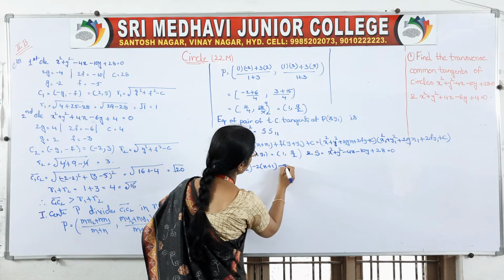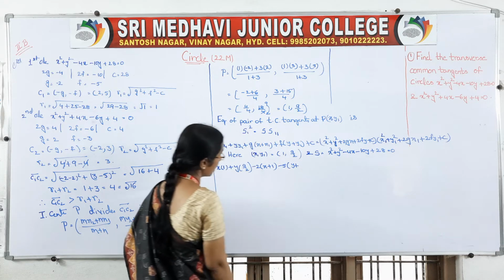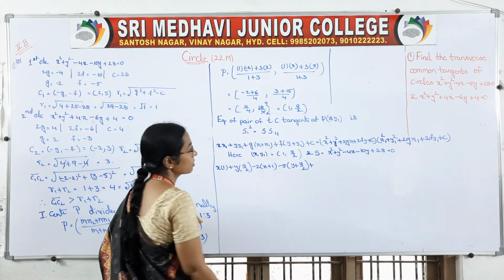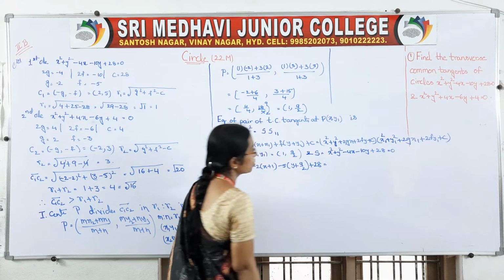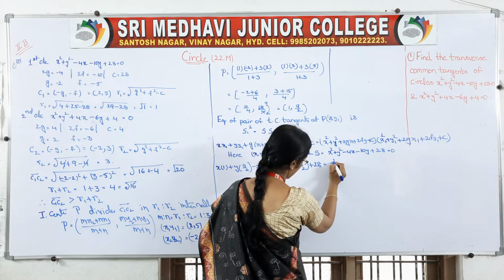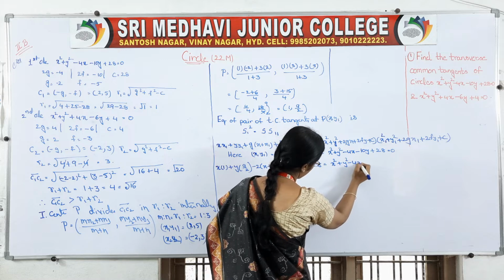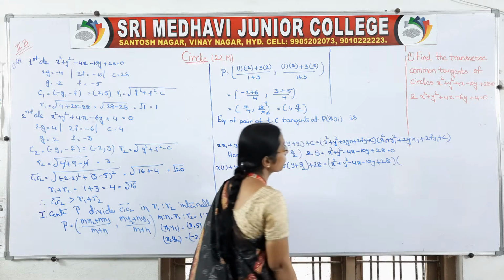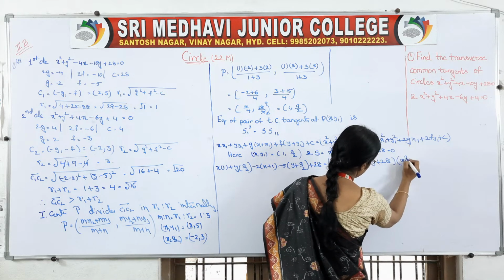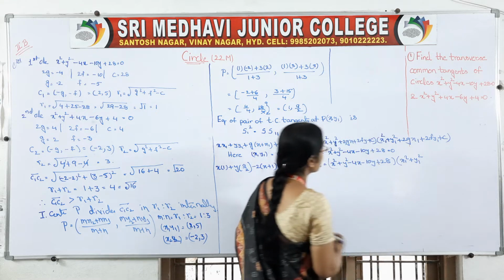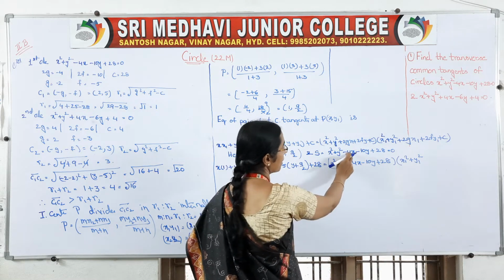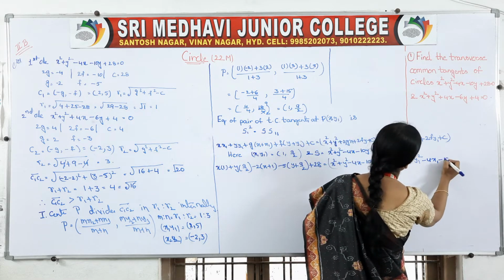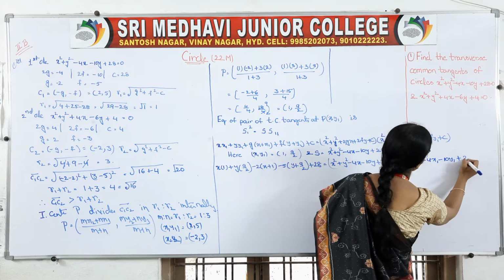F is minus 5 into y plus y1, what did I say y1 is? 9 by 2, right, plus c, plus 28, equals the same circle we have to write, x square plus y square minus 4x minus 10y plus 28, into x1 square, plus y1 square plus 2gx1, wherever we have it, x place x1, y place y1 we have to take, plus 28.